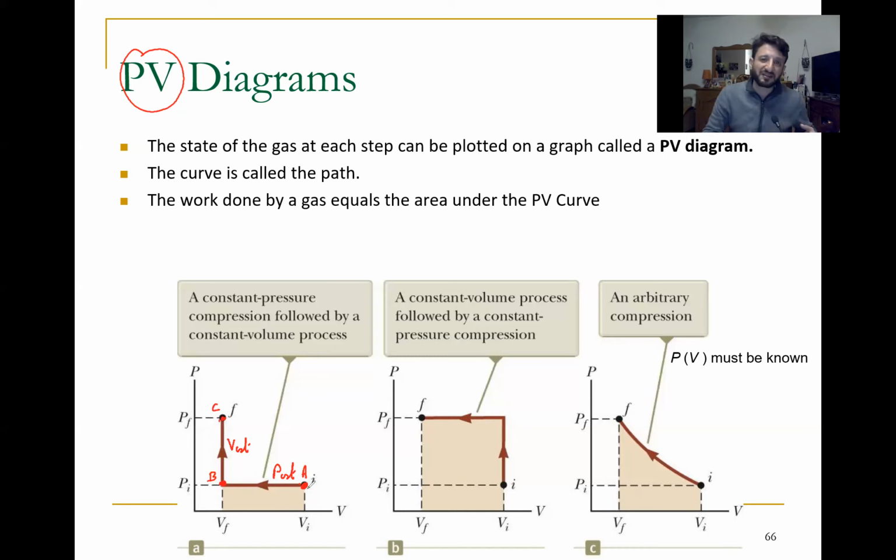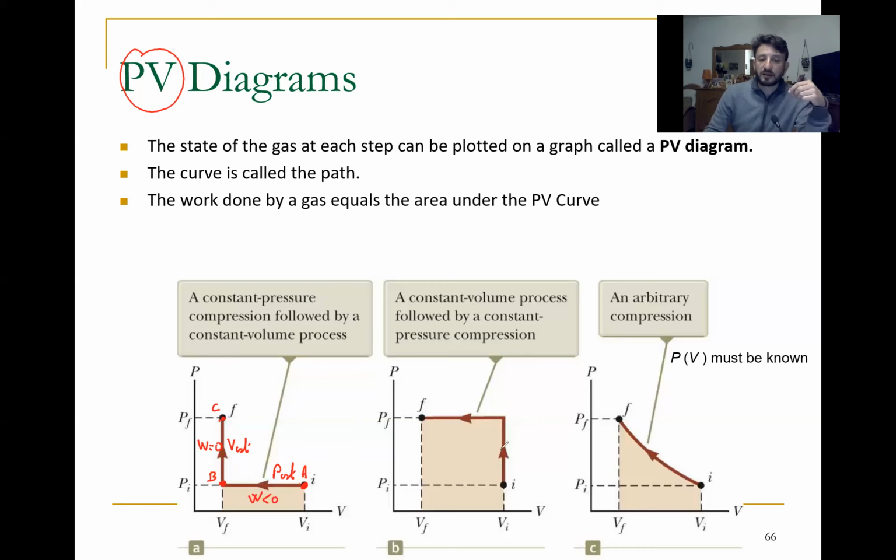And here we have a decrease of volume, okay? If we decrease the volume, you have to know omega by the gas is negative. Here between B and C, we have the same volume, so V initial equals V final. In this case, omega equals 0. We don't have any change of volume.